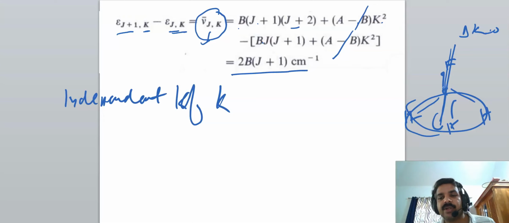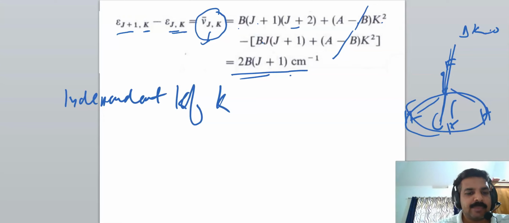So in the case of rotation about the axis, there is no absorption, and we get the 2B into J plus 1 value. So the spectra of a symmetric top molecule is similar to the case of a diatomic molecule.